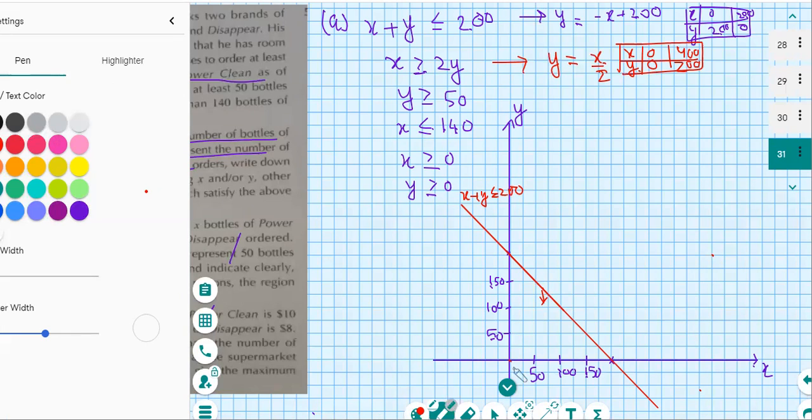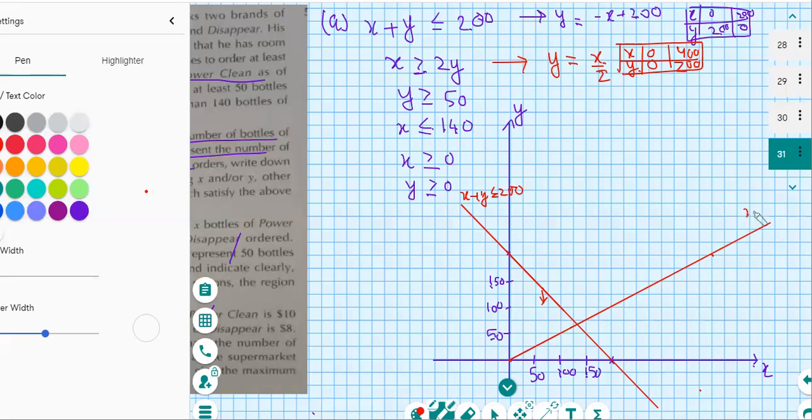This one. Join these two points. So this is the line.